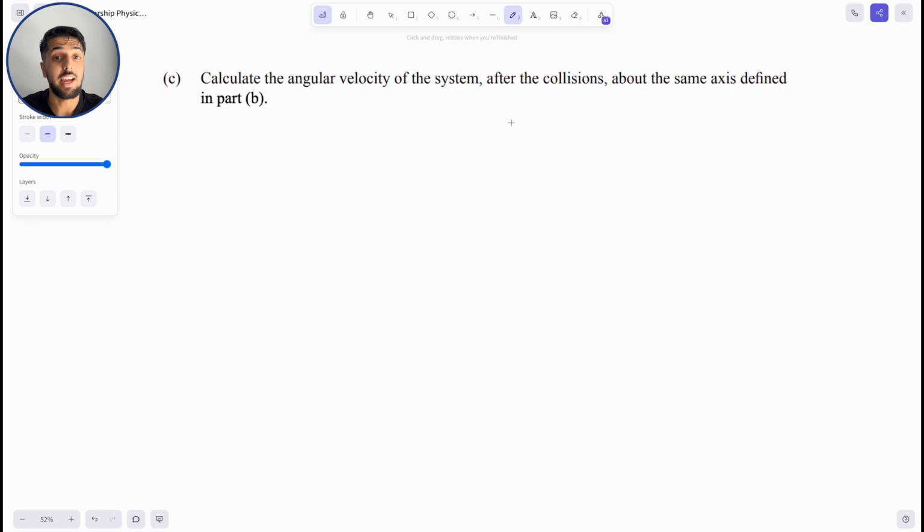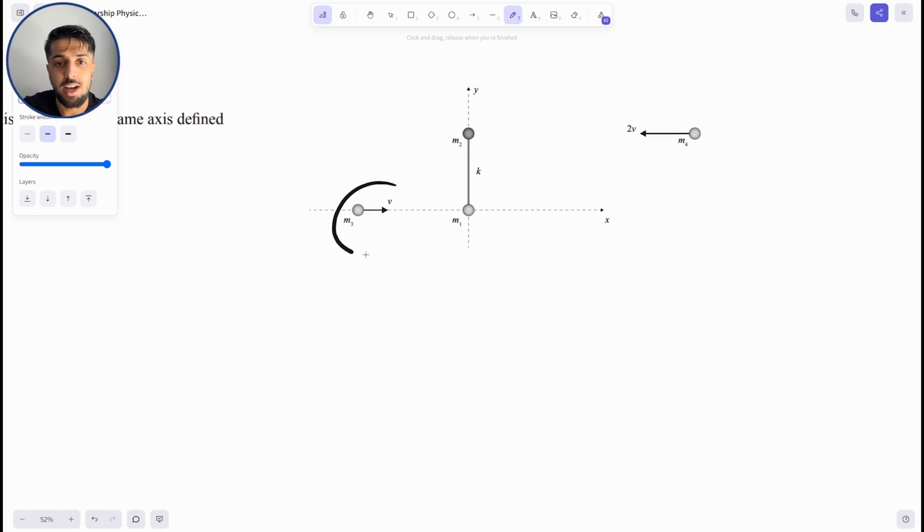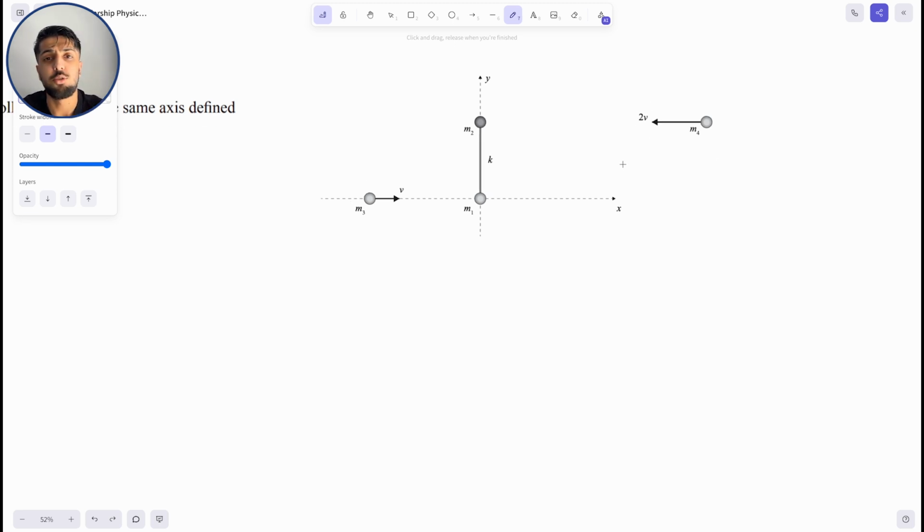Sweet as. Calculate the angular velocity of the system after the collision about the same axis defined in part B. In order to calculate the angular velocity, we can use conservation of angular momentum. Angular momentum is equal to mvr. Mass m3 and mass m4 are the only masses that are moving before the collision, so those are the only masses that will carry angular momentum.